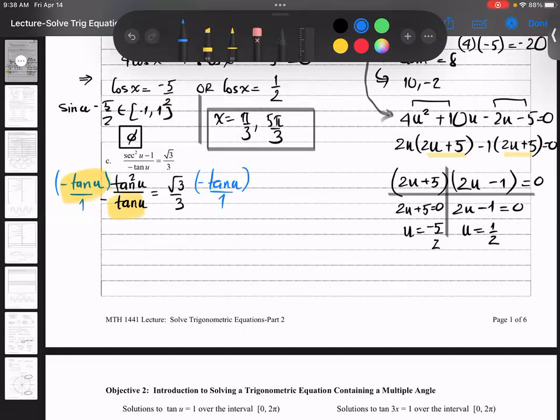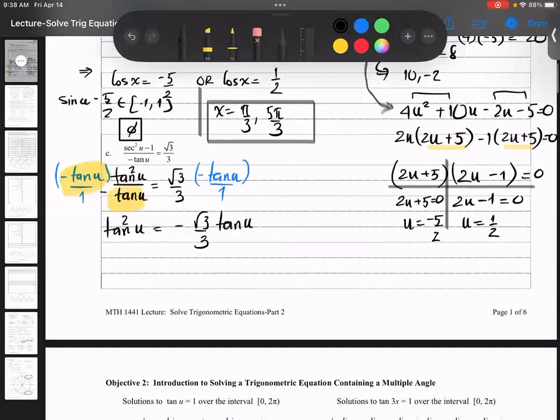Well, I didn't cancel. I canceled this side, but I have the other side, right? So I don't lose anything. Or you can cross multiply. So you have tangent squared u equals negative √3/3 tangent u.